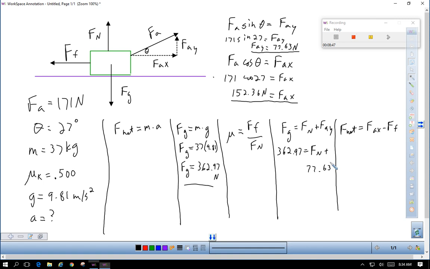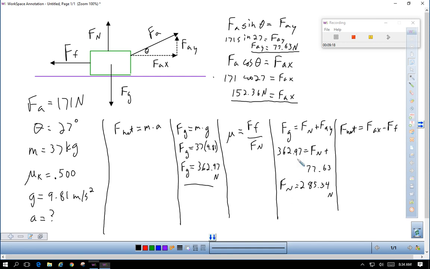So I'm going to take 362.97 and subtract 77.63 and get 285.34. So Fn equals 285.34 newtons.